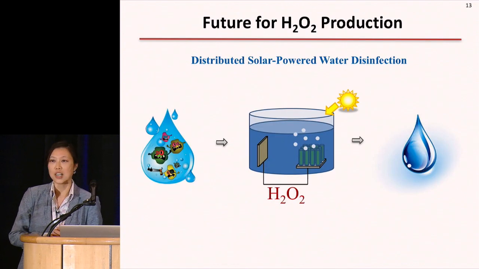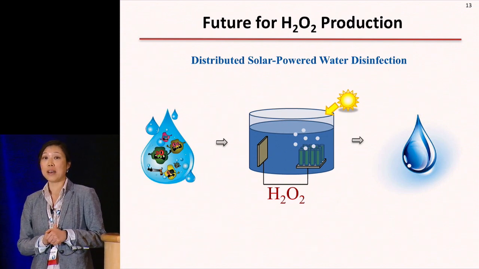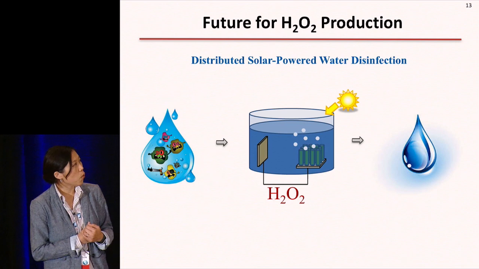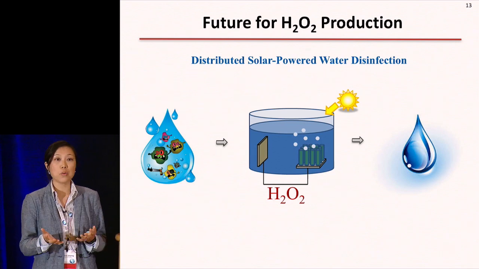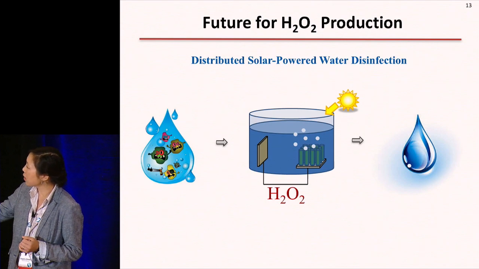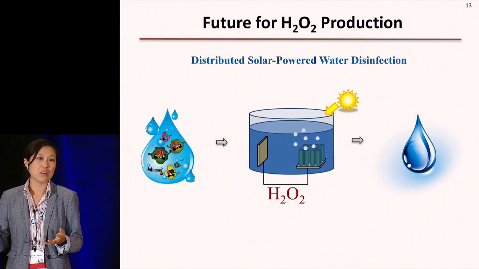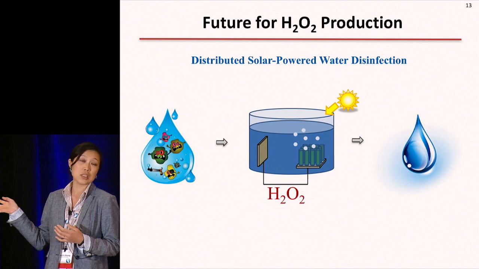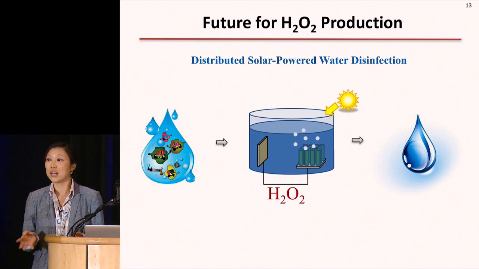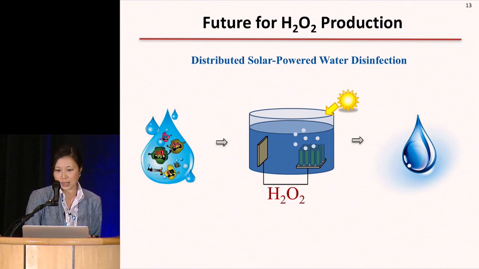So what's the future? One vision we have for this spontaneous hydrogen peroxide generation system is solar-powered water disinfection. We can take dirty water with bacteria and heavy metals, run it through this light-driven fuel cell, and kill the bacteria, needing only light.